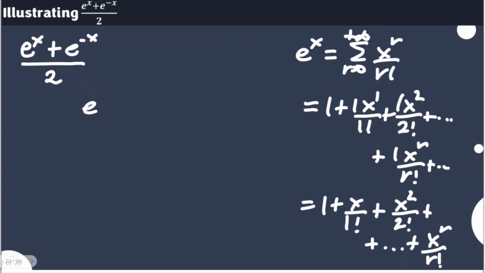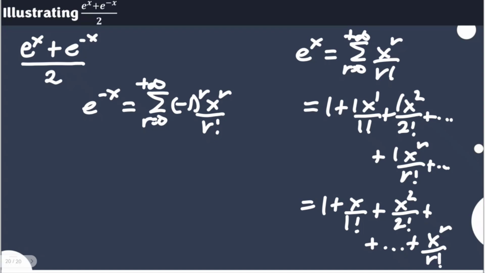E to the power of negative x was already shown in the previous video. Please try to review that. It's actually equivalent to the summation of negative 1 raised to the power of r, x to the power of r over r factorial, as r starts from 0 to positive infinity. Again, if you're not yet convinced with this, try to view the previous video because we already showed the other equivalents of e to the power of negative x in terms of this power series and its equivalent exponential generating functions.